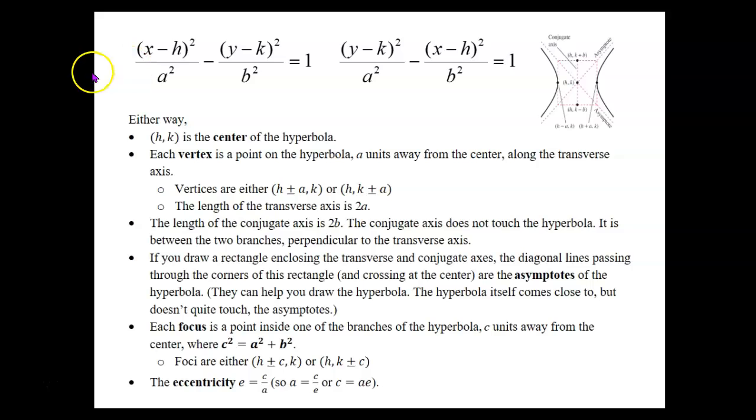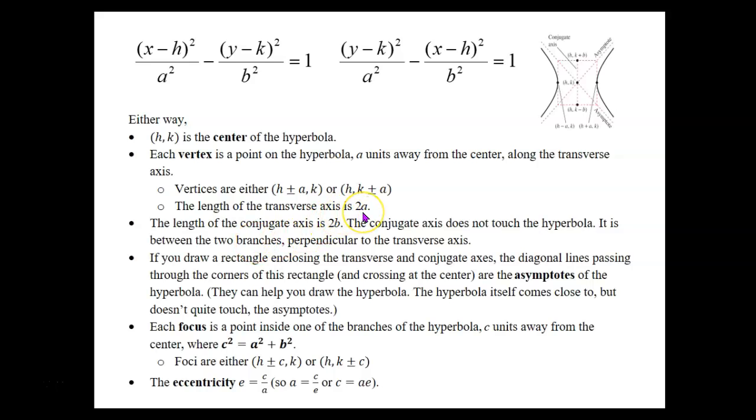So in any case, (h, k) is the center of the hyperbola. The vertices are points on the hyperbola, A units away from the center point, along the transverse axis.